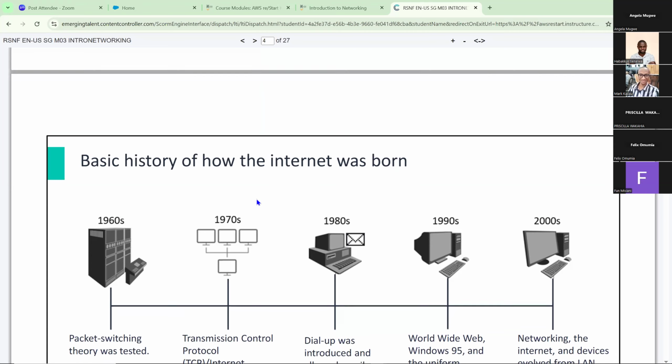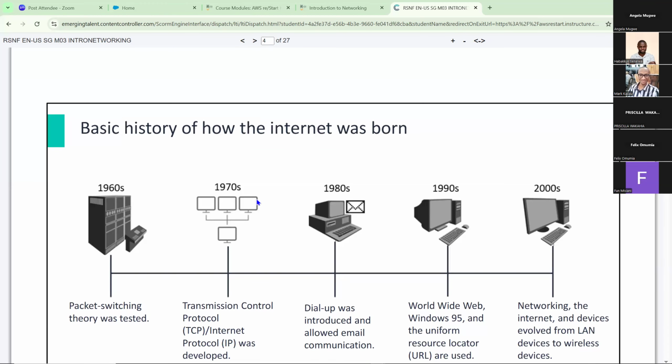So the internet, simply put, is a combination of all the devices, computers, routers, switches, any devices that are connected together around the globe.